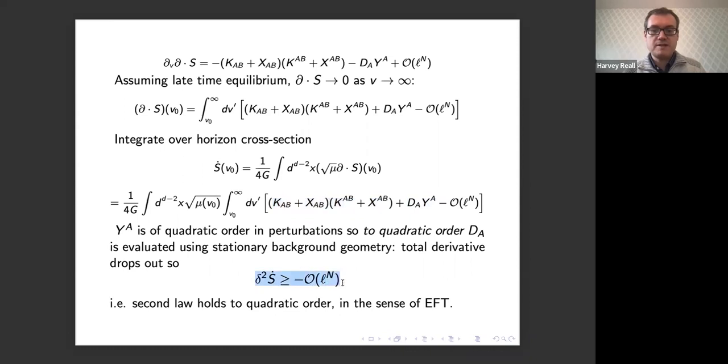And so we obtain a second law to quadratic order modulo these terms coming from the unknown higher derivative effects, or modulo terms of the same order as the unknown terms in the equations of motion. So we've achieved what we set out to prove: the second law holding to quadratic order in perturbations around a stationary black hole in this EFT sense that I described earlier on in this talk.